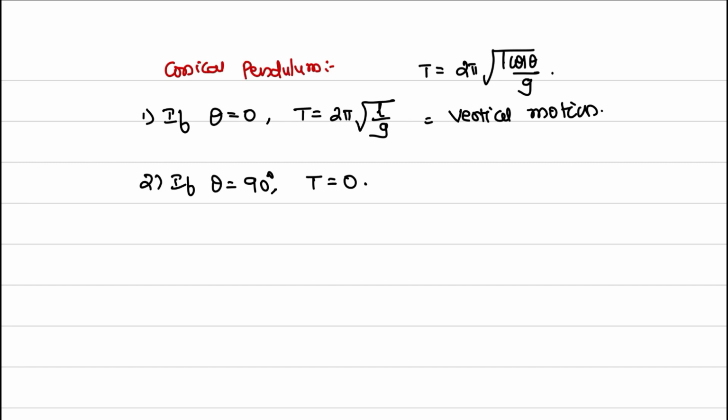It's in the horizontal motion. R is equal to L, horizontal circular motion without vertical components.